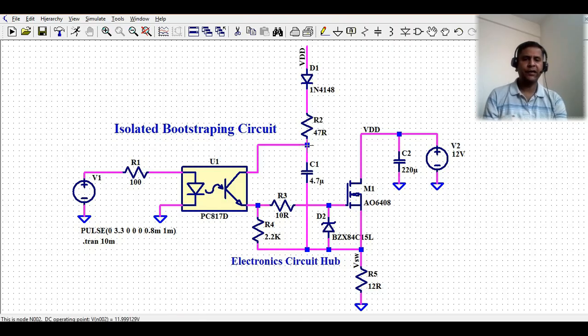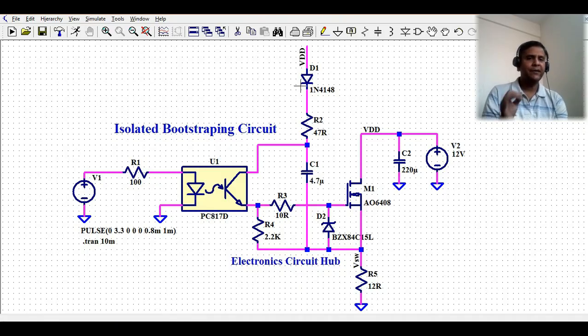At this junction I have connected the collector of your optocoupler, and between this junction and the load, at my cursor, I'm using one capacitor.